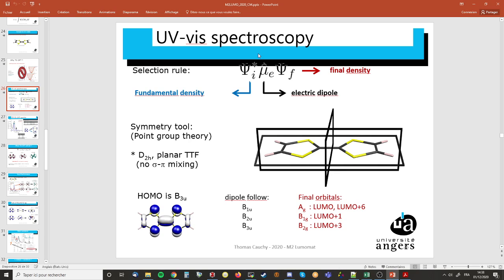It corresponds to a product, a selection rule that leads to a zero value. So when you do an optical gap with the TTF, you're not calculating the HOMO-LUMO gap, you are calculating the first absorbing excited state, and sometimes it's not the LUMO.